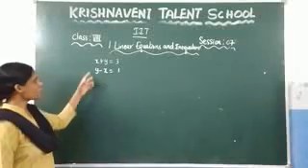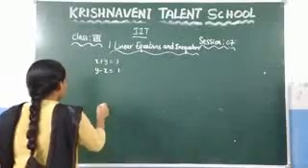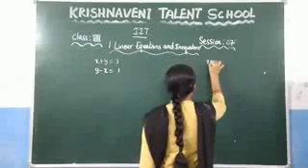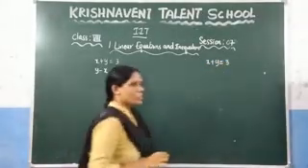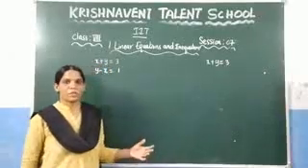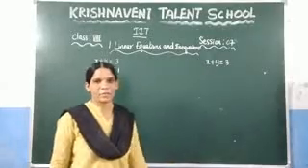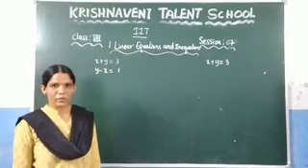Now let us consider the first equation, which is x plus y is equal to 3. If you want to draw this on a coordinate plane, you need to know the values of x and the values of y.